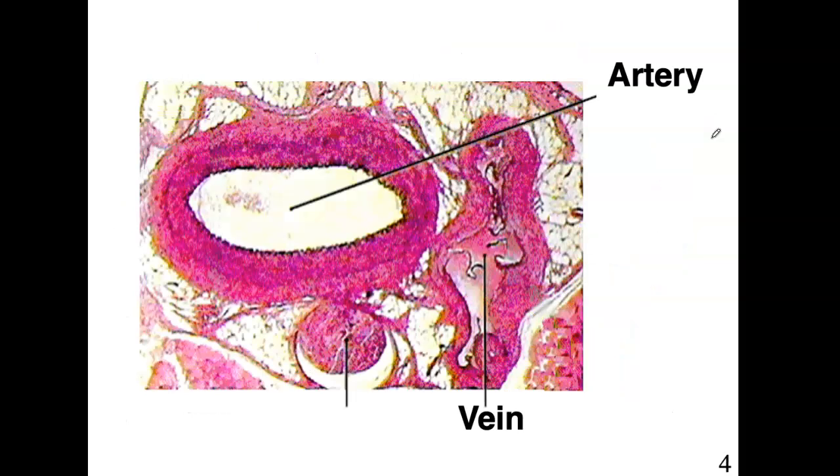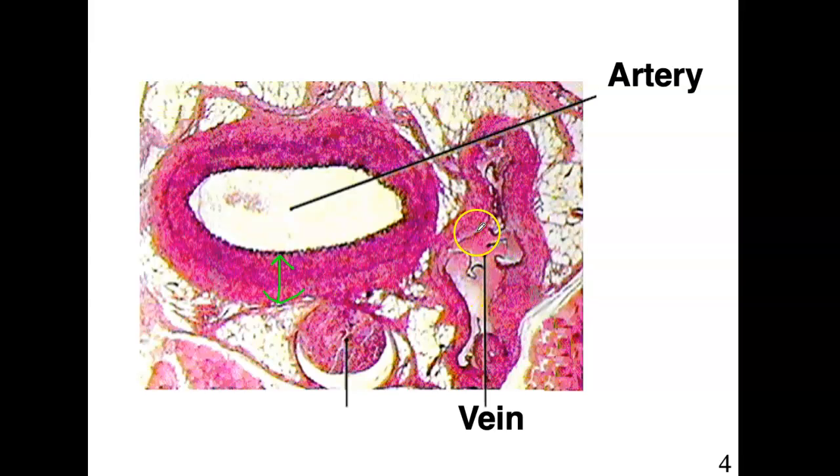Good. If you were to look at it on a real tissue slide, a histology slide, how would you recognize which the artery was and which the vein was? So you would know that the one that holds its shape, the one that has this thicker musculature layer in this wall here is an artery.